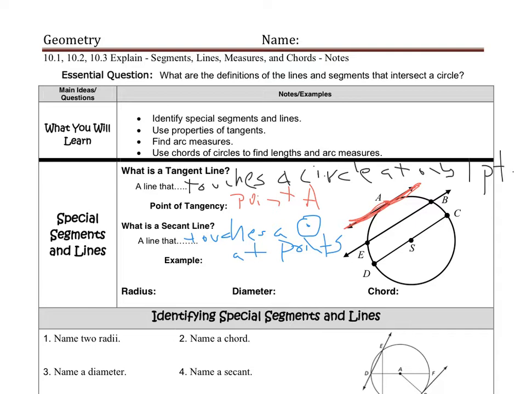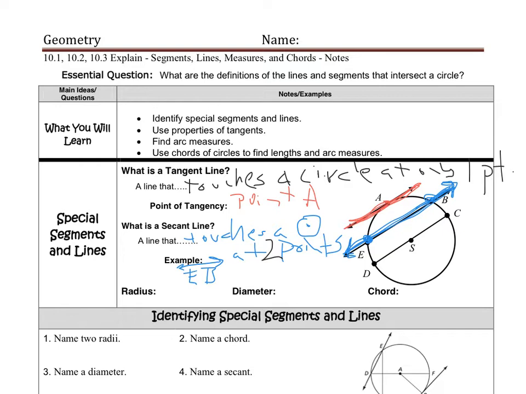I forgot to write my 2. I'll use a black at 2 points. For instance, we'll use blue here. This line here that has E and B is a secant line because it has 2 points on the circle, point E and point B, and it's a line because of the arrows at each end. And so line EB is the secant line. So an example would be the line EB.